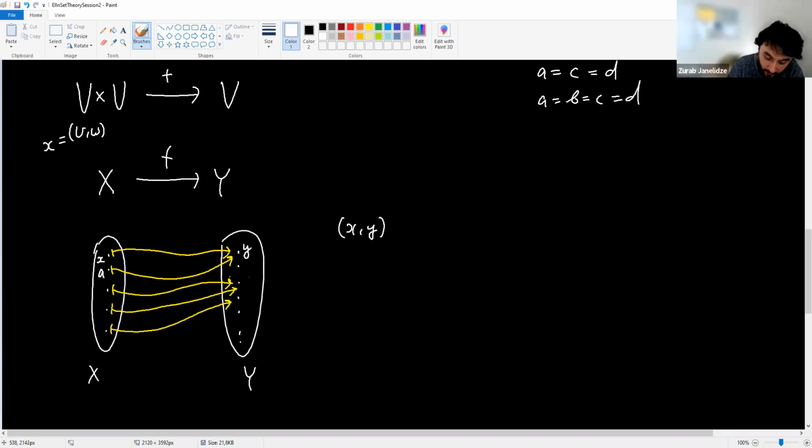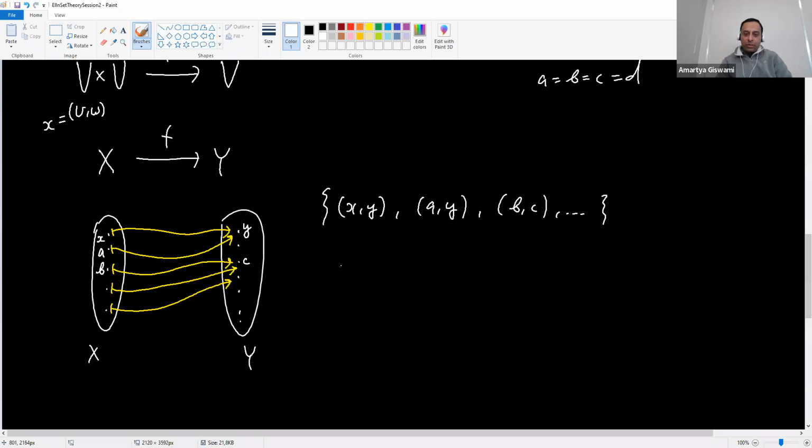And if a got mapped to y as well, then we can form an ordered pair (a, y). So the data of such pairings basically determines the function, right? So we can really think of a function as data of ordered pairs, in other words, as a set of ordered pairs.